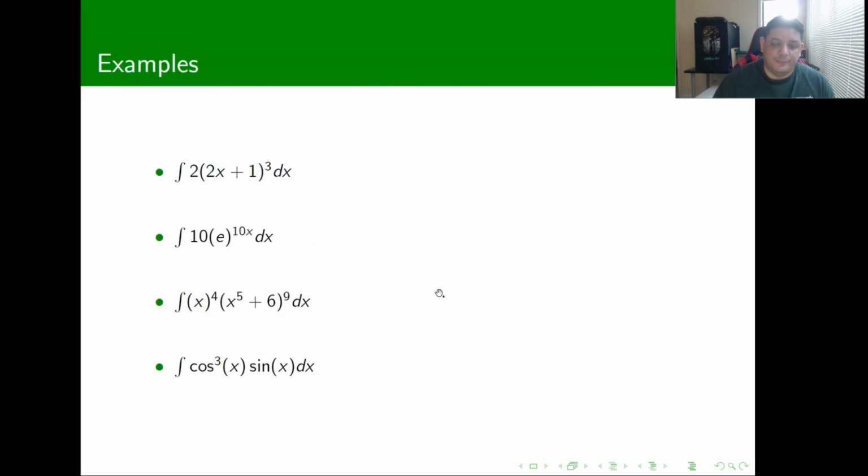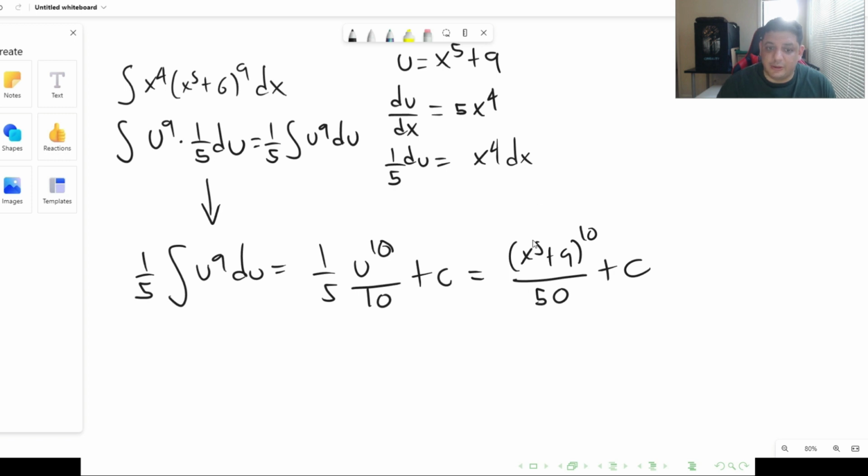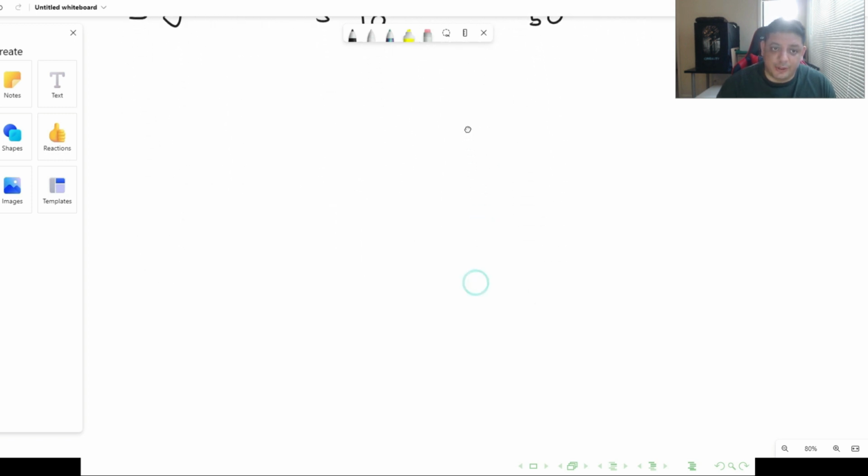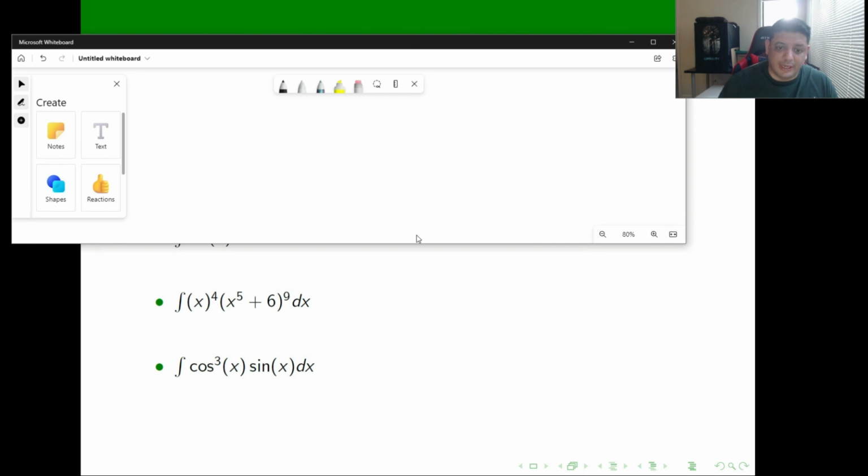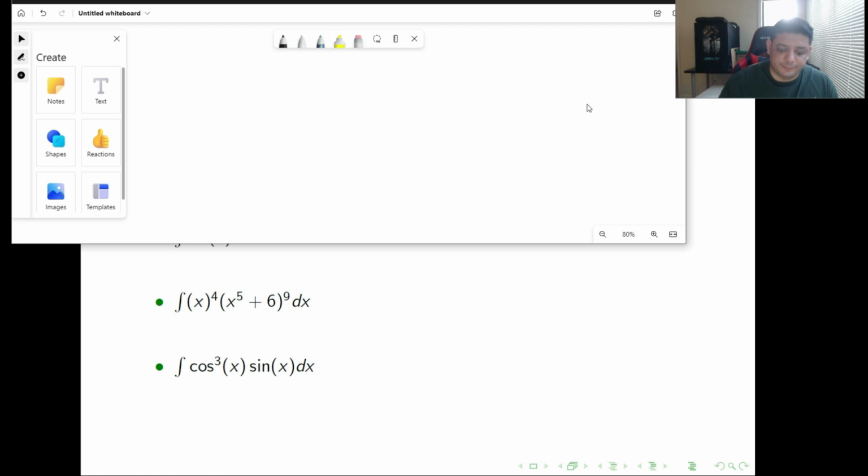Another example. Let's use the integral of cosine cubed times sine of x. So notice that we can now include certain products as long as they're going to be playing nice with the antiderivative notation, and they're related with the other function by being derivatives or antiderivatives.